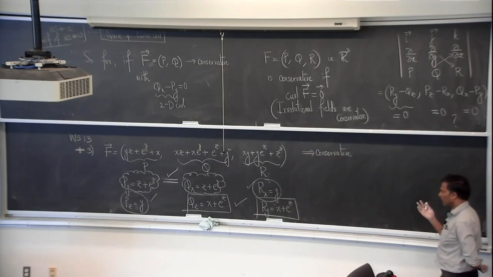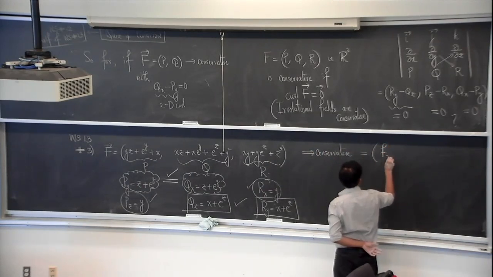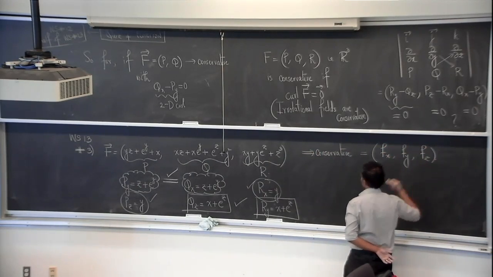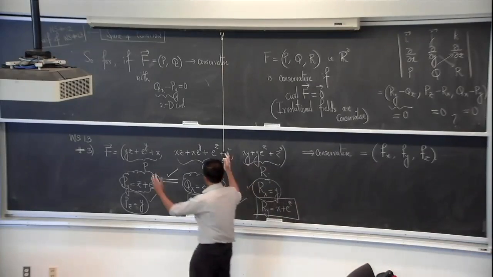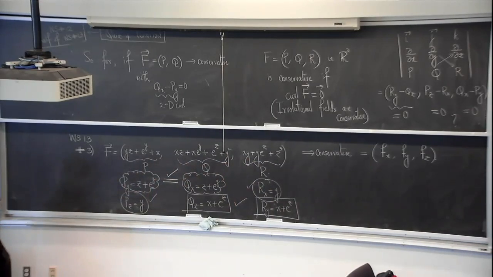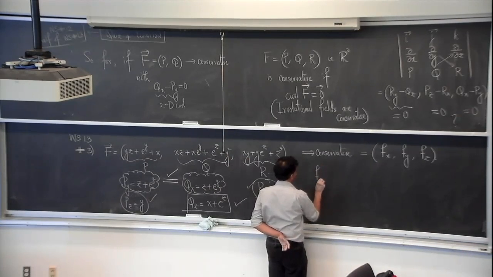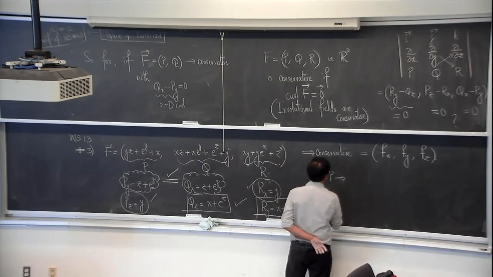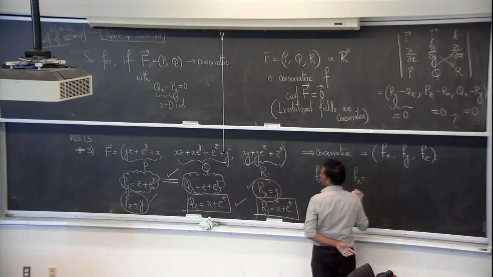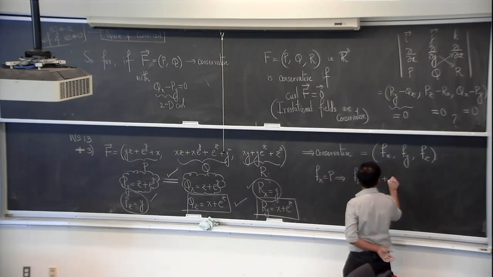What's the only difference between R2 and R3? You just have an extra component here: partial fx, partial fy, partial fz. So earlier we had just two components, now three. Start with fx equal to P. That gives you fx equal to yz plus e to the y plus x.